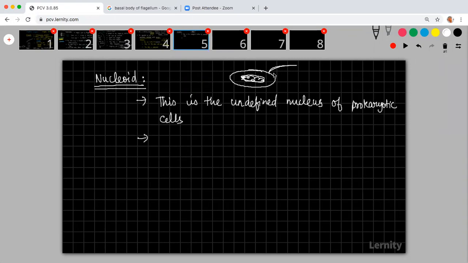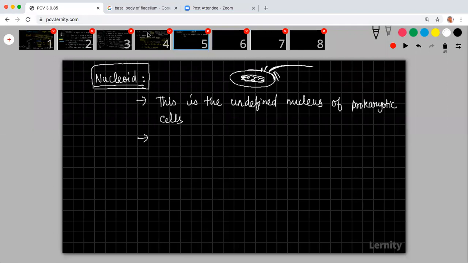We have studied the glycocalyx, the cell wall, the plasma membrane, flagella, pili, and fimbriae. We have studied all the things outside. Now we have come into this inner surface, which is called nucleoid.